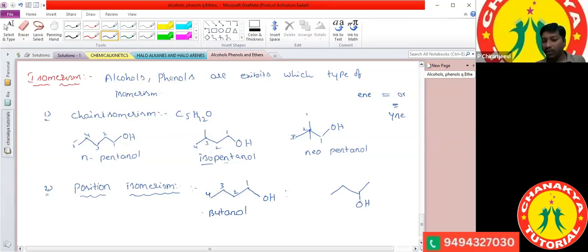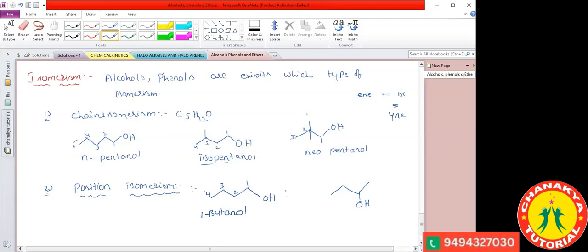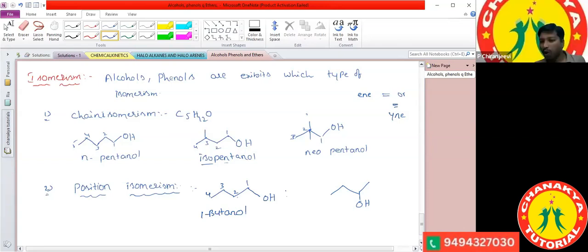Which butanol? One butanol, because the OH group is attached to the first carbon atom. That's why I wrote 1-butanol. And what is the IUPAC name of the second one? Propanol or butanol?